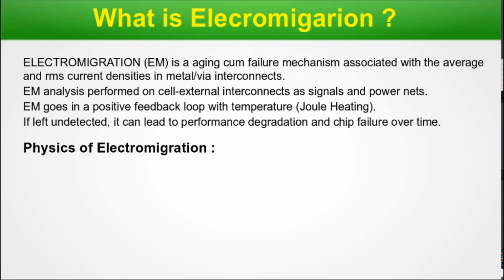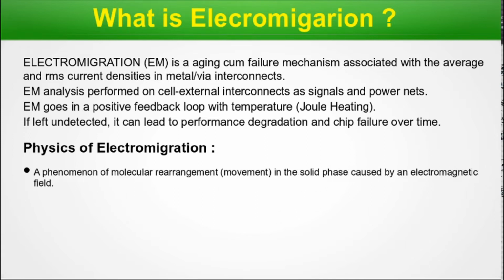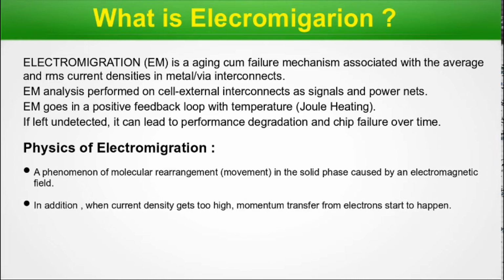So let's see the physics happening in electromigration. A phenomenon of molecular rearrangement happens in the solid phase, caused by electromagnetic field. In addition, when current density gets too high, the momentum transfer from electrons starts to happen.